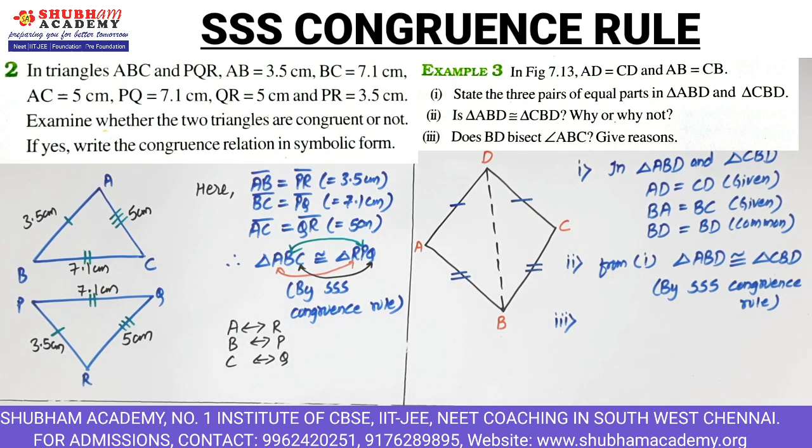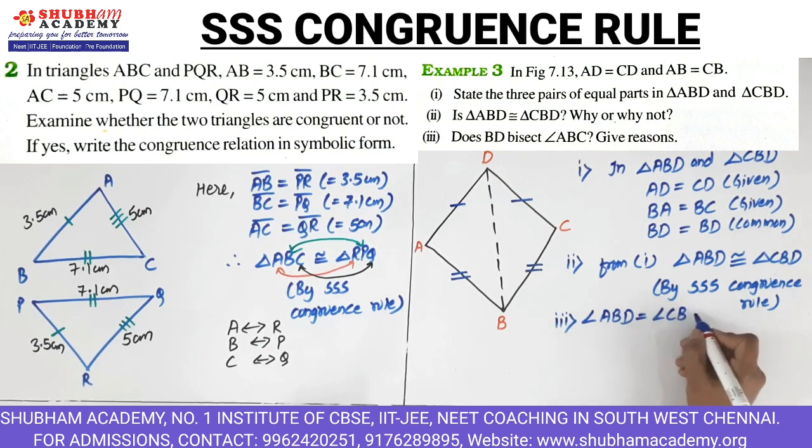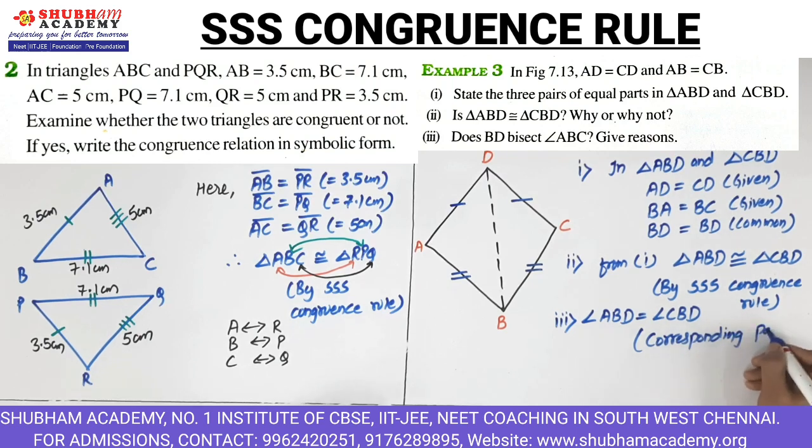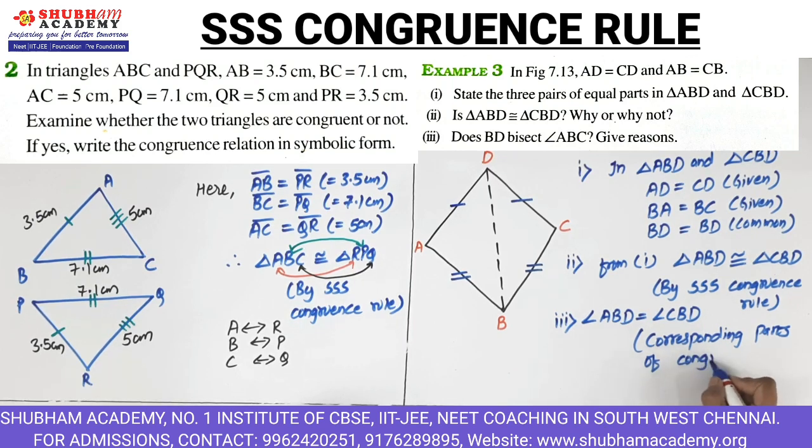So the second part is over, and then in the third subdivision they have asked, does BD bisect angle ABC? Give reasons. So they are asking whether this line BD is bisecting angle B. So we can write here that angle ABD is equal to angle CBD, and the reason is corresponding parts of congruent triangles, or CPCT.